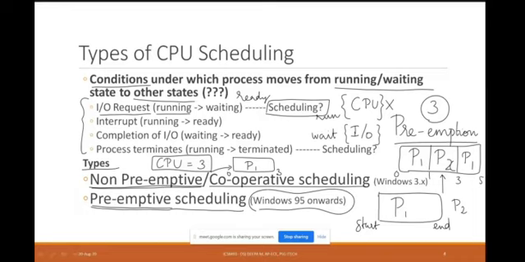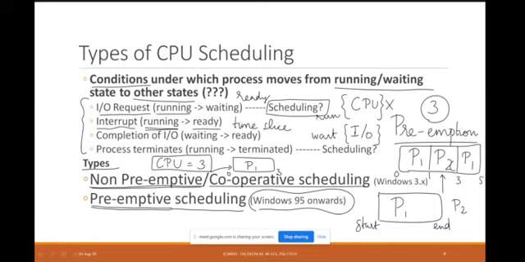Do I need any kind of scheduling for this? Think upon it. The next one is whenever I have an interrupt, like expiring of a time slice, then we will move from your running to ready state. Which means I want some other process to come and execute on the CPU, so I am moving the existing process from the CPU to the ready state.